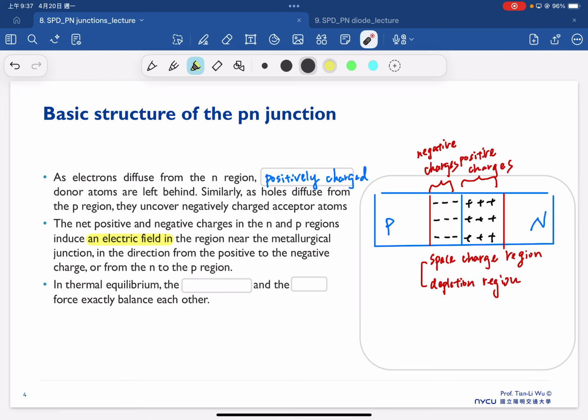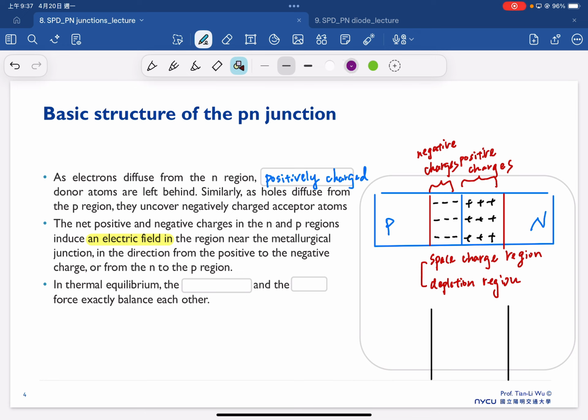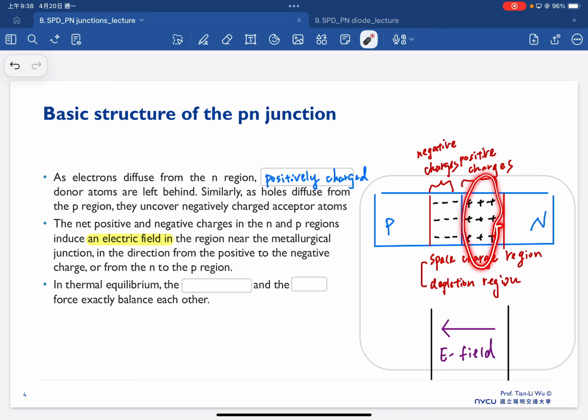Because right now we have the positive charge here and the negative charge here, we will have an internal electric field induced in this direction. This is our electric field.